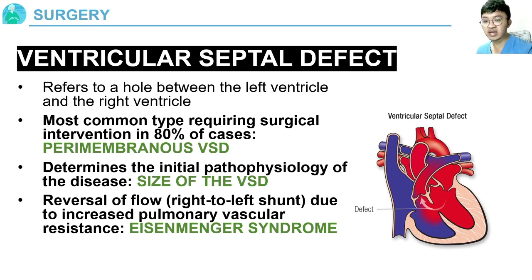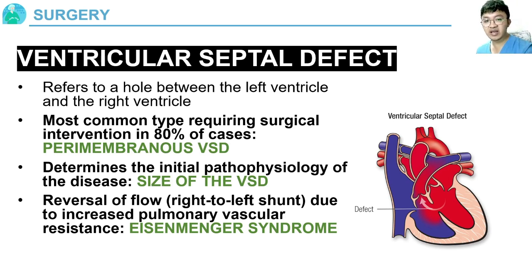If it's left to right, it's okay because the left ventricle has oxygenated blood. If the left shunts to the right, what's passing through to the lungs is oxygenated blood, and there's no problem in having excess oxygenation. However, the problem is if the right ventricle has higher pressures due to increasing pulmonary resistance, blood from the right ventricle goes to the left side.